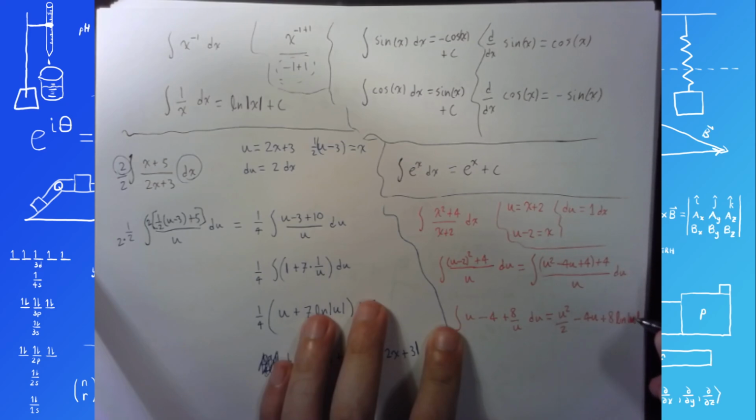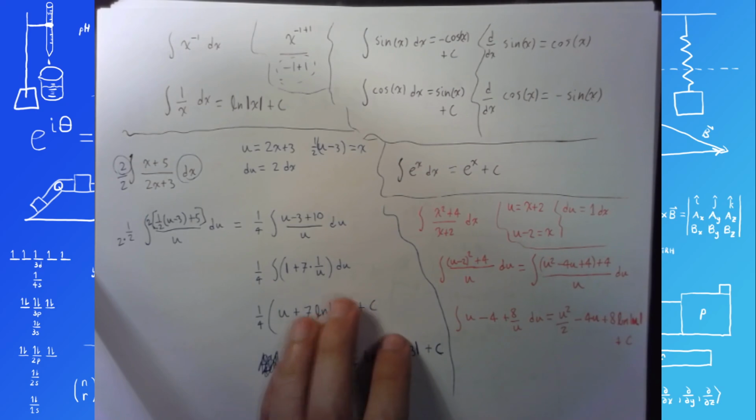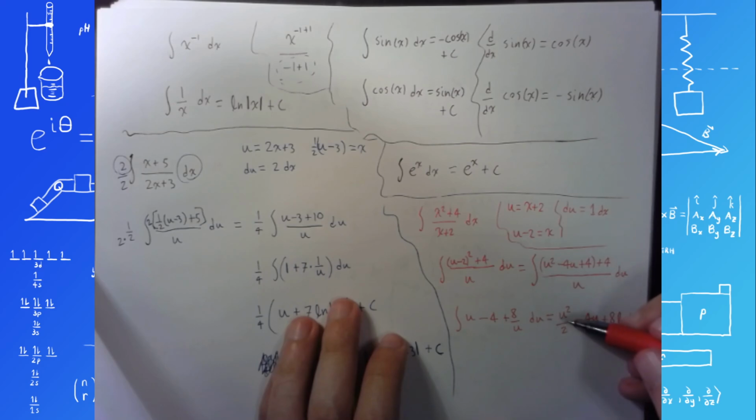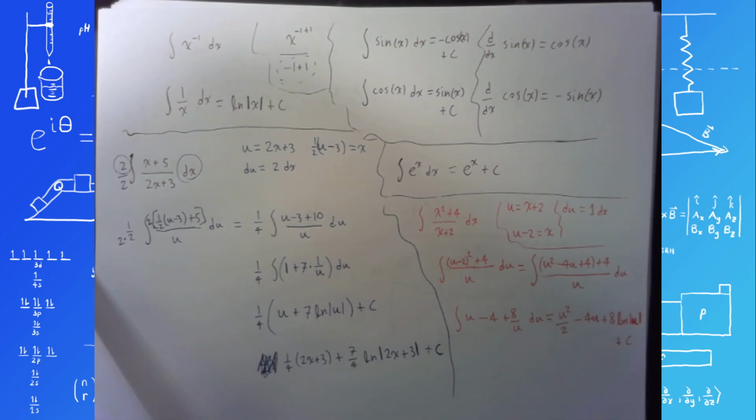And of course, we would have our plus c hanging out there. I would be in the habit of writing the 2 in this denominator as a 1/2, but I'm not going to waste an extra line to write that out. We're good there.